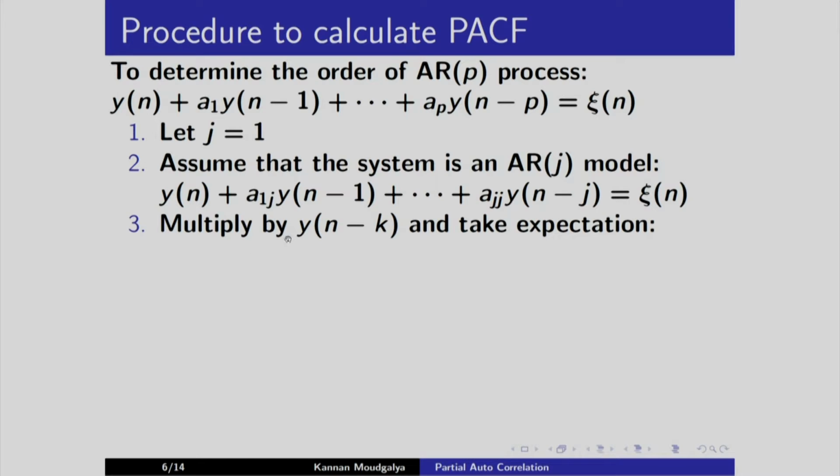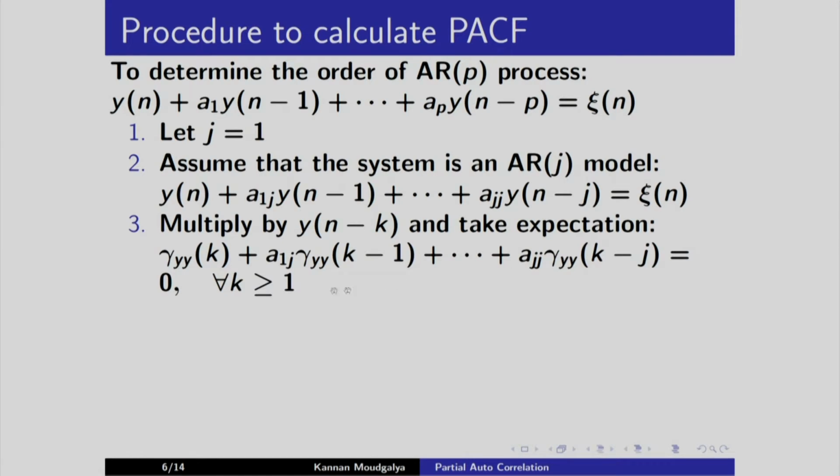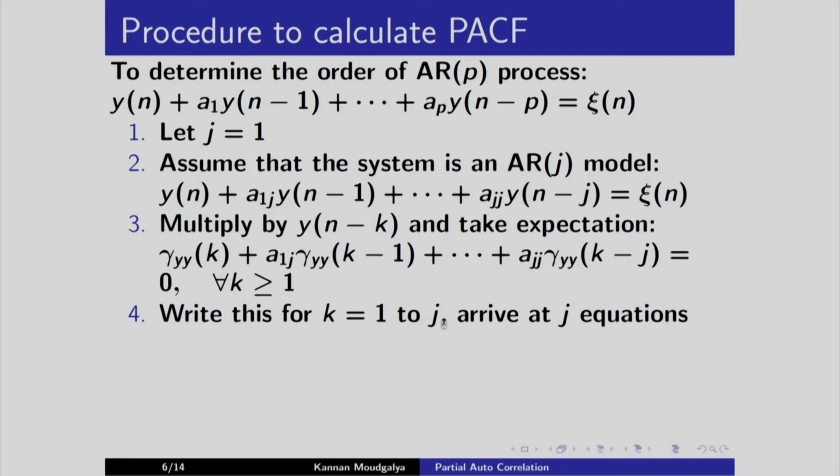Then multiply by y of n minus k and take expectation, and let this k be repeated for values of 1, 2, 3 and so on up to j. Arrive at j equations.